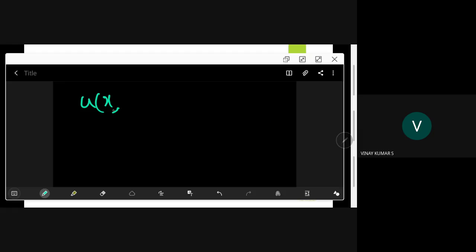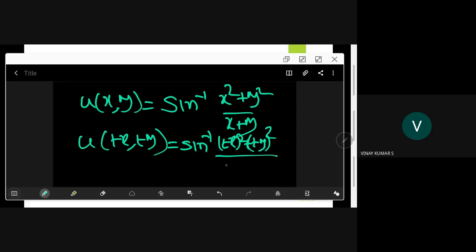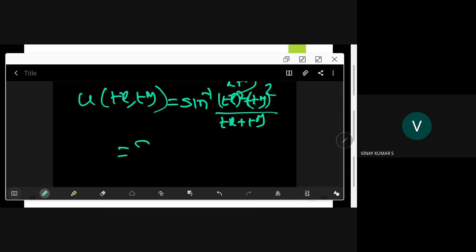if you take u of x, y, what is that? Sine inverse of x square plus y square by x plus y. What is u of tx comma ty? U of tx comma ty is sine inverse of tx whole square plus ty whole square by tx plus ty, nothing but sine inverse of t into x square plus y square by x plus y.